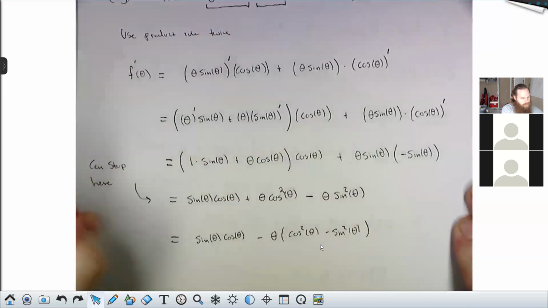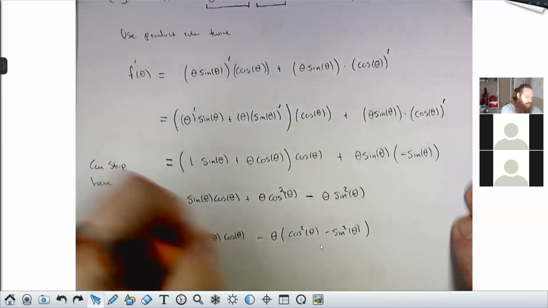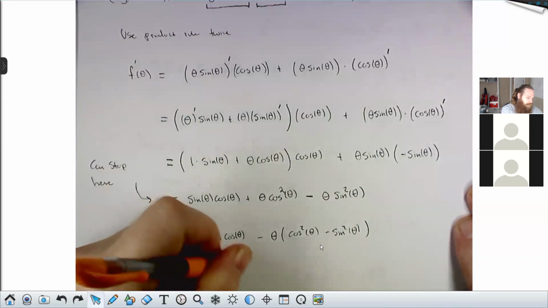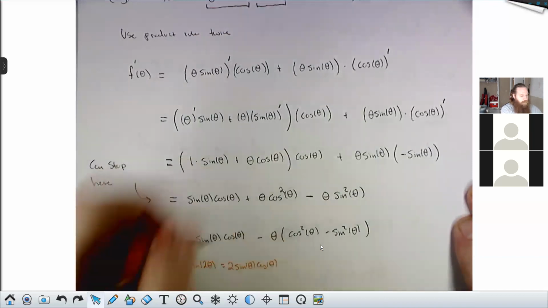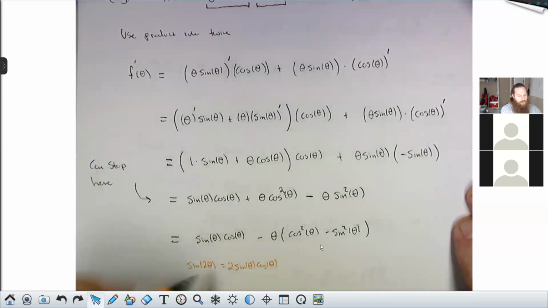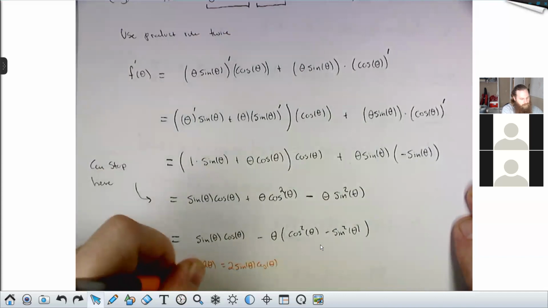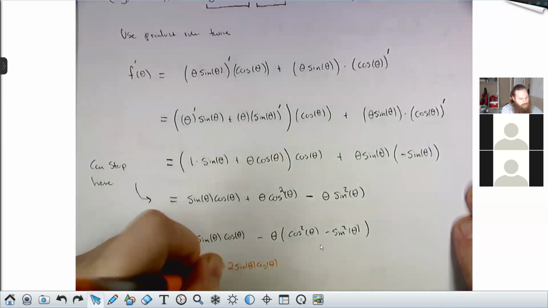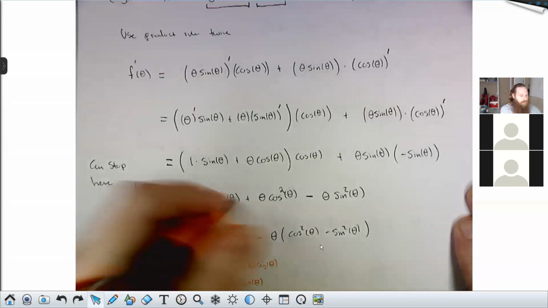You know that sine 2 theta is 2 sine theta cos theta. So this piece could be rewritten as 1/2 sine 2 theta, because that is equal to sine theta times cos theta.